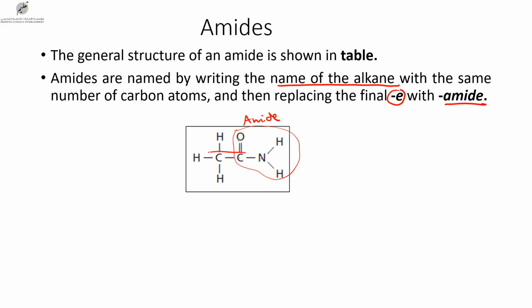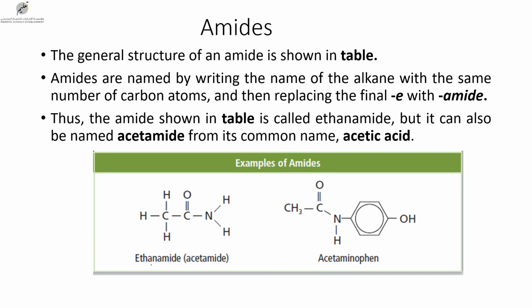So count the number of carbons here. How many are there? 2. So it should be ethane, right? What does the rule tell you? It tells you remove the E and put amide. So the name should be ethanamide. Can you see it?